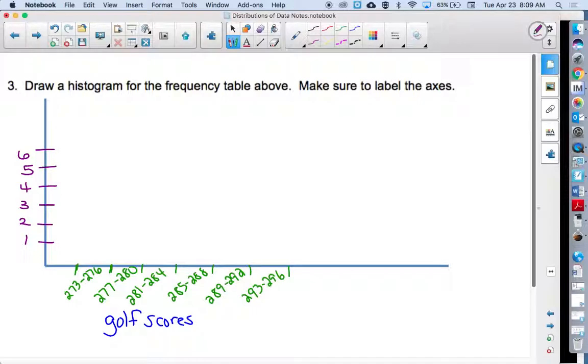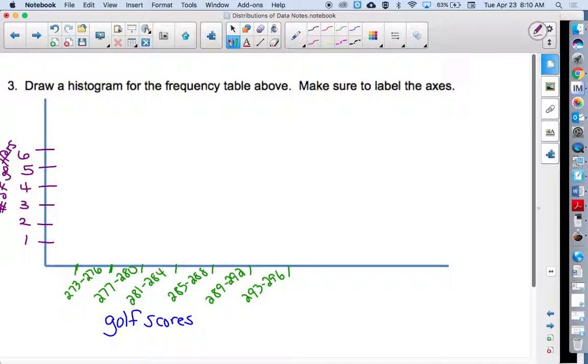And those numbers represent the number of golfers. So 3 golfers scored in the interval of 273 to 276, something like that.